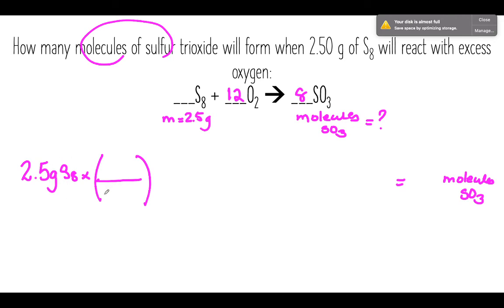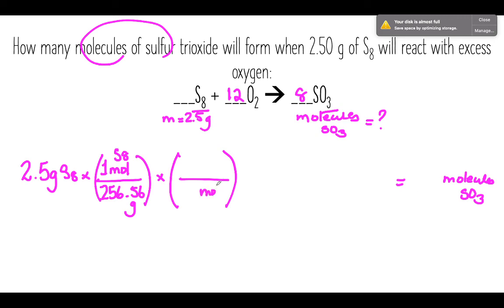And I can do that using my molar mass of S8, which is 256.56 grams for every 1 mole of S8. And I got this from my periodic table. Now I've got moles of S8, but I need to find molecules of SO3. So I can use my mole ratio between S8 and SO3 to now convert to moles of SO3.